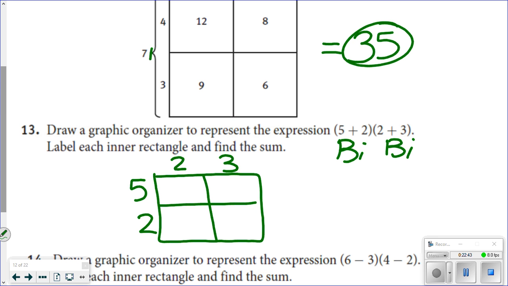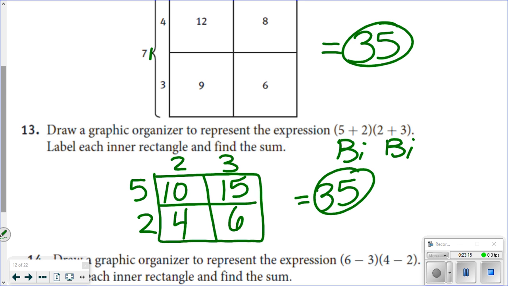Go ahead and multiply, label each square in the middle, and then find your sum. Ten, 15, 4, and 6. Add them all up. We get a total of 35.